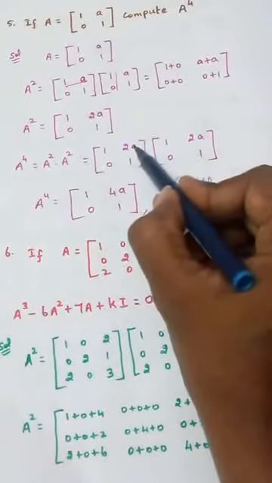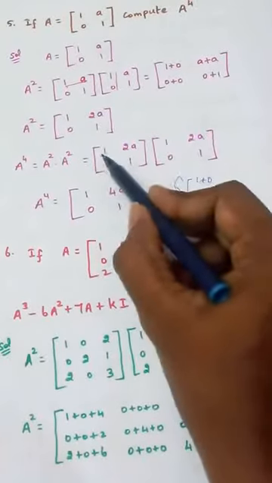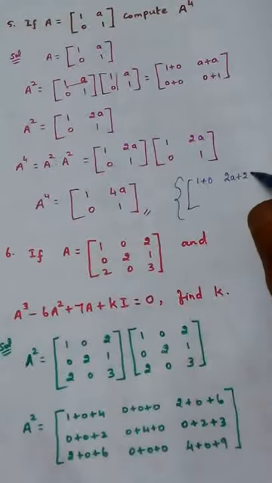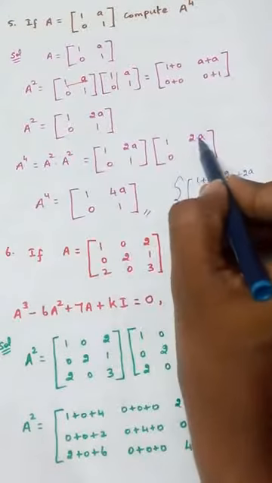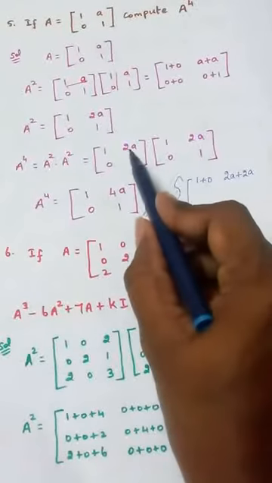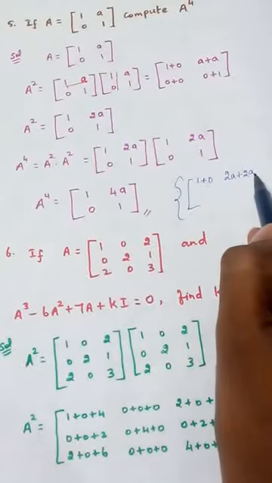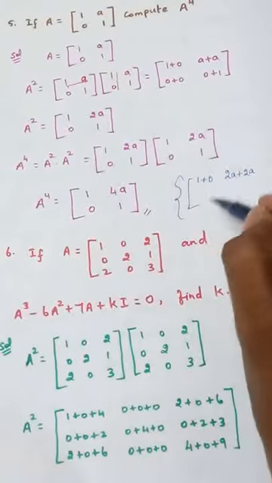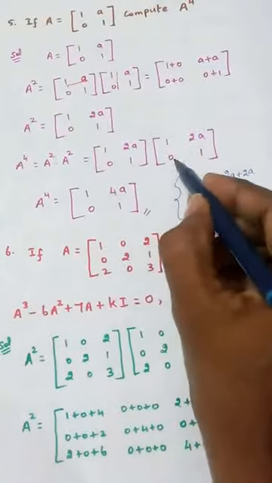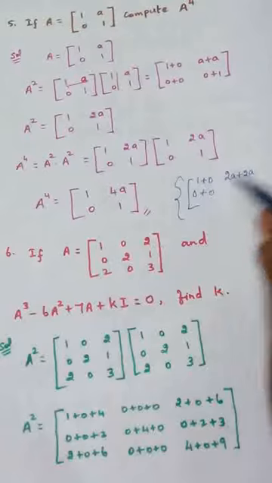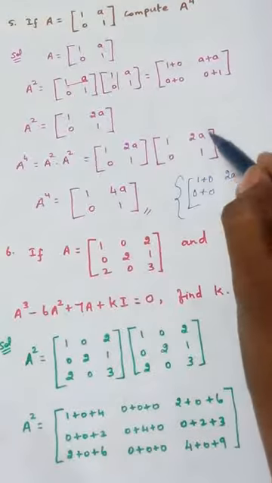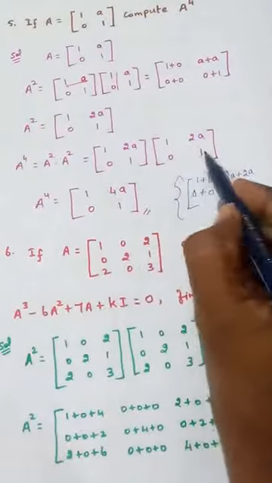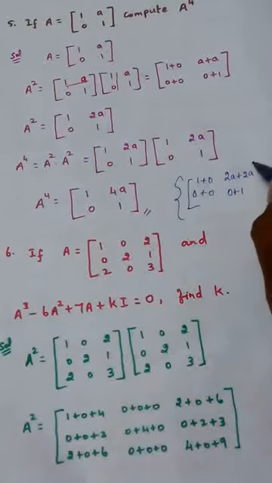First row, second column: 2A plus 2A, because this 1 multiplies with this 2A, and 2A into 1 is plus 2A. Second row, first column: 0 into 1, 0, and 1 into 0 is also 0, so 0 plus 0. Second row, second column: 0 into 2A, 0, and 1 into 1, so 0 plus 1.